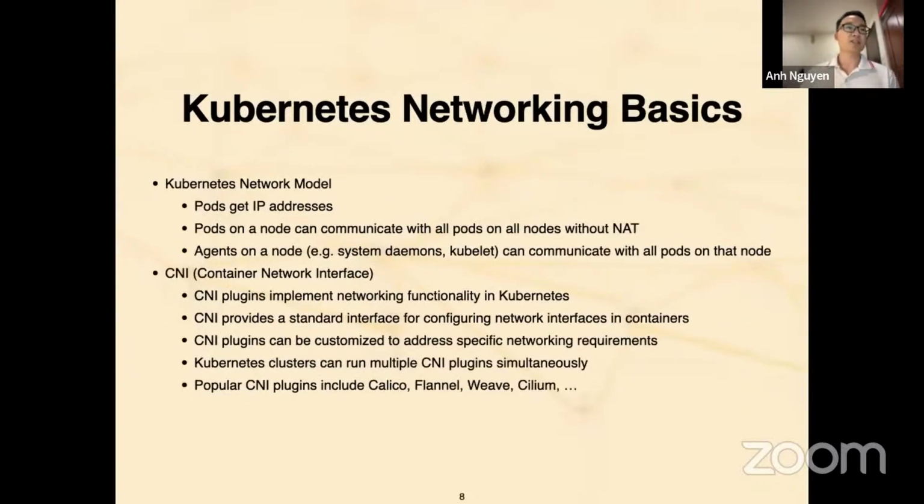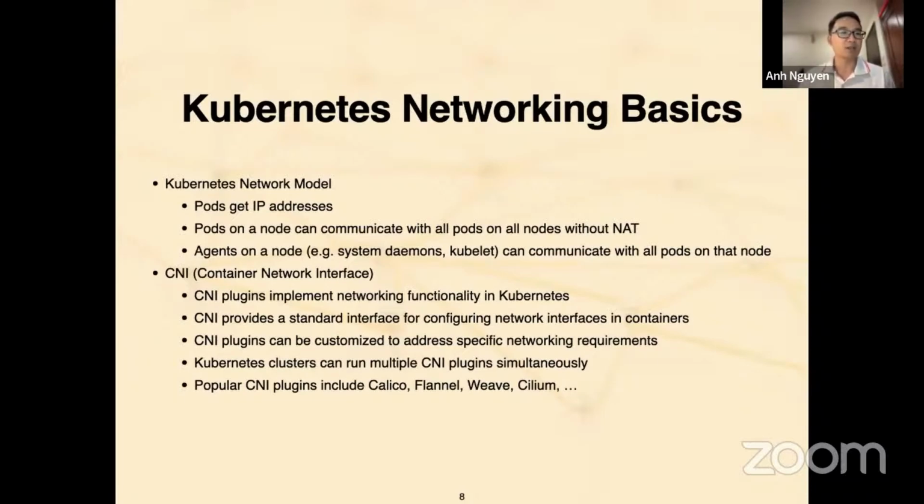In Kubernetes, a pod represents the smallest deployable unit. A pod consists of one or more containers that share common network and storage resources. And to allow pods in the same cluster to exchange information with each other, when designing the network for Kubernetes, the team proposed the following model.